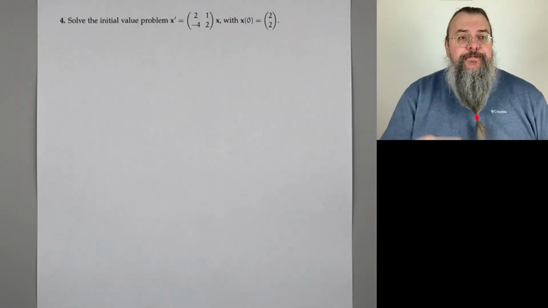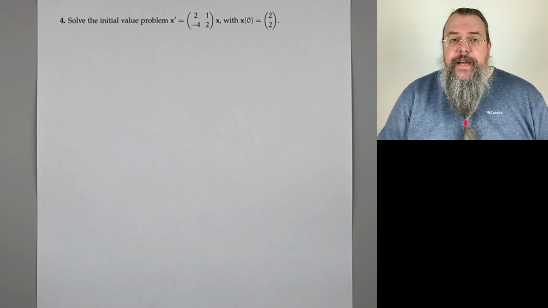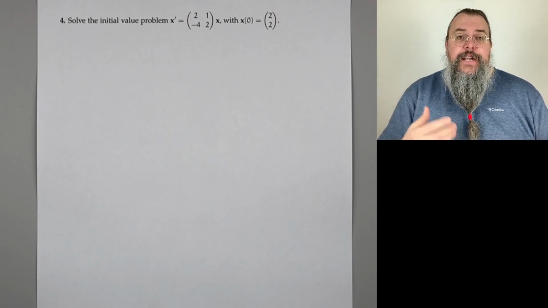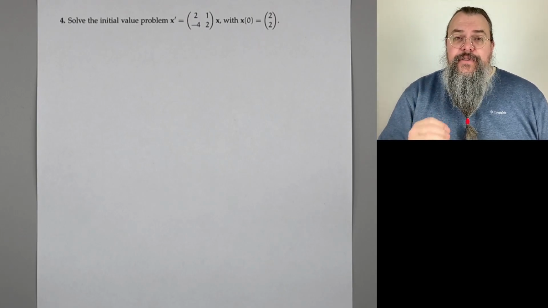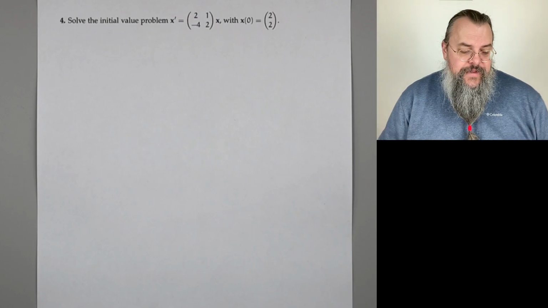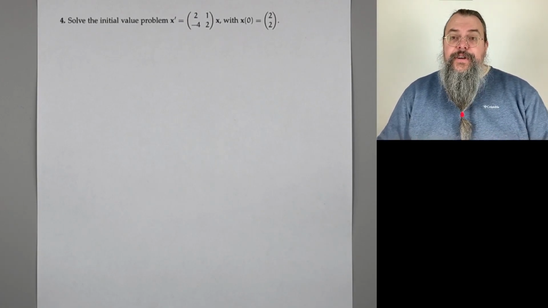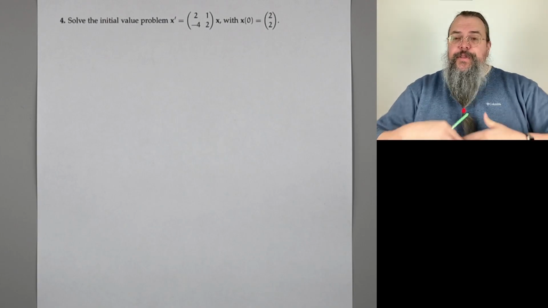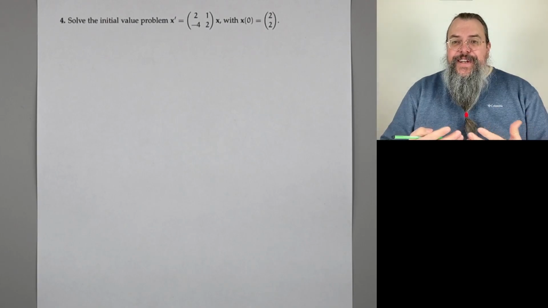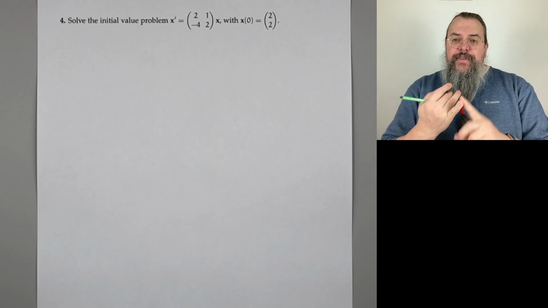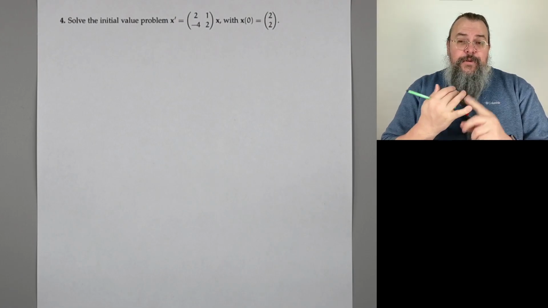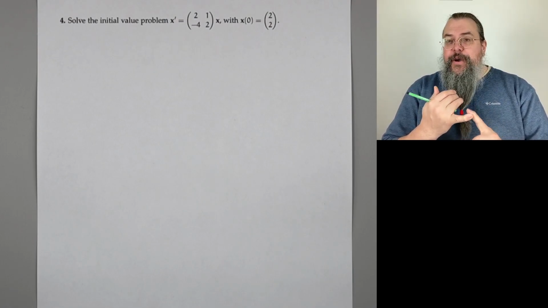Number 4, solve the initial value problem: x prime equals the matrix 2, 1, minus 4, 2 times x, with x of 0 equals 2, 2. All right, so we start with the same thing. There's a process. We're going to find our eigenvalues, and once we have them, we start making decisions about where to go.